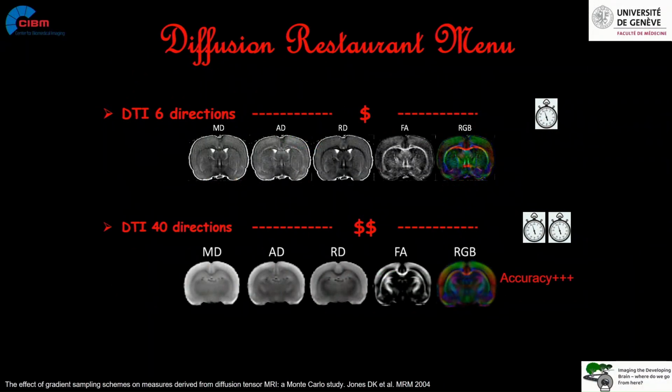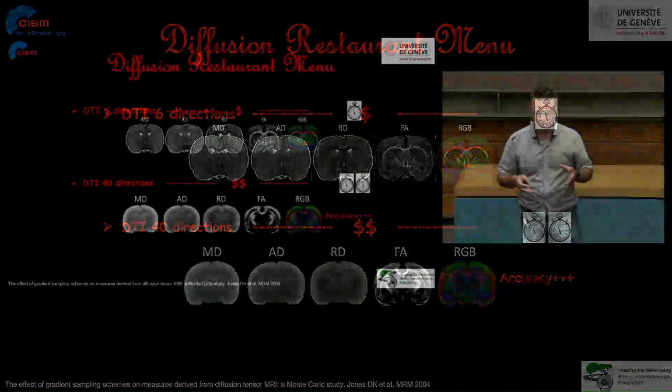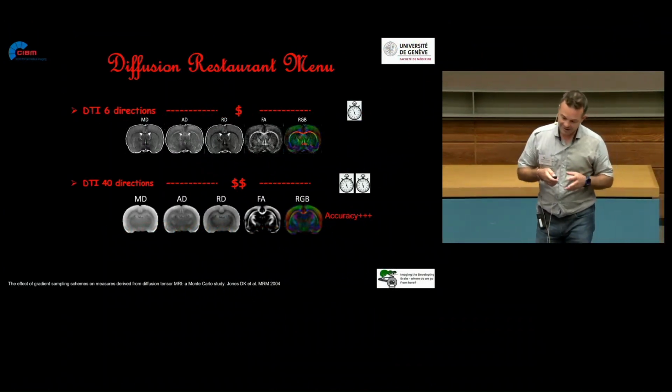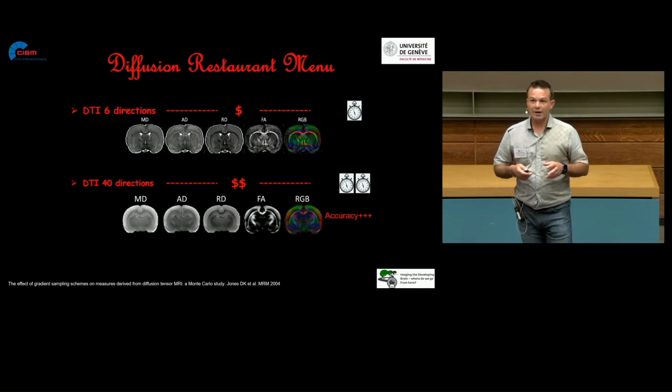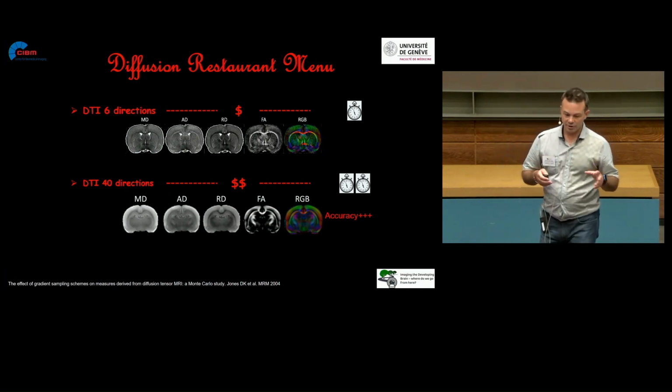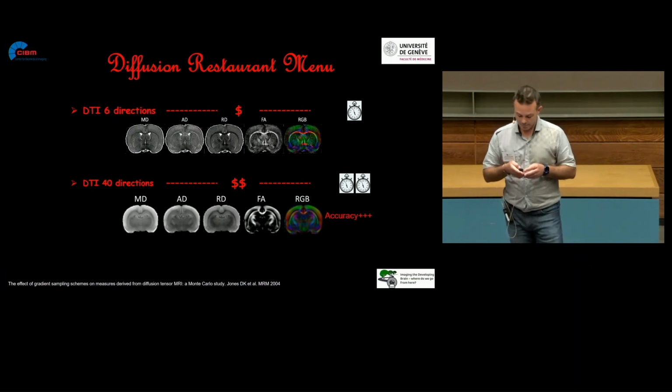On rodents, it's not really necessary, I would say, because the brain is not too complex, but it has been shown in humans that to have an accurate measurement of fractional anisotropy, you need at least 20 different directions because the brain is more heterogeneous.